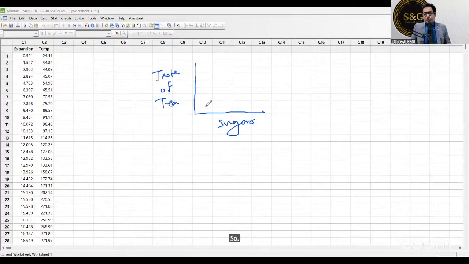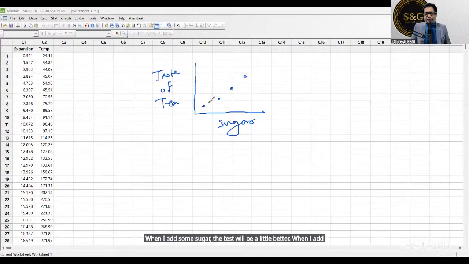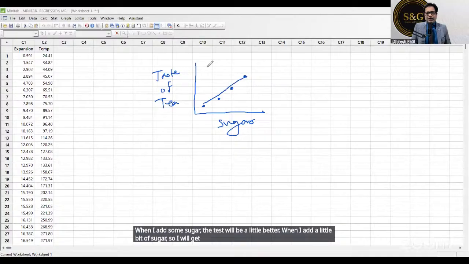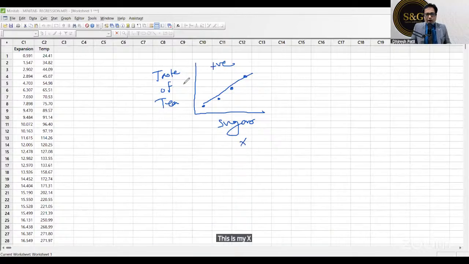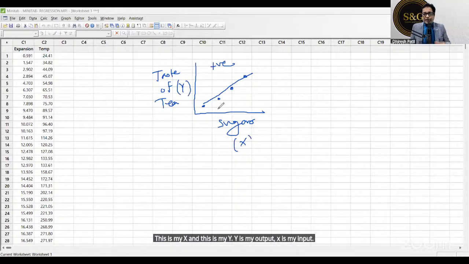So when there is no sugar, the taste will be very low. When I add some sugar, the taste will be a little better. So I will get a trend like this, and it's called positive correlation. This is my X and this is my Y. Y is my output, X is my input. It is called positive correlation.